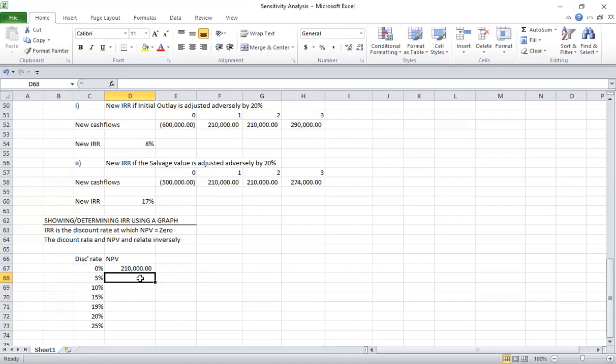Remember, the cash flows remain constant. The cash flows are not changing. So the only thing you change is the 5%.